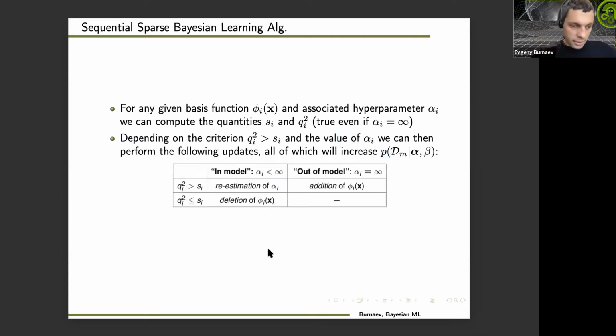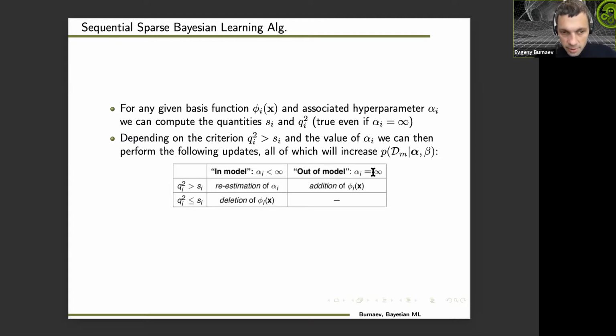If some basis function is inside the model, and if this inequality holds true, then we just re-estimate alpha. And if this inequality holds true, we delete the corresponding basis function because the optimal alpha should be infinity.